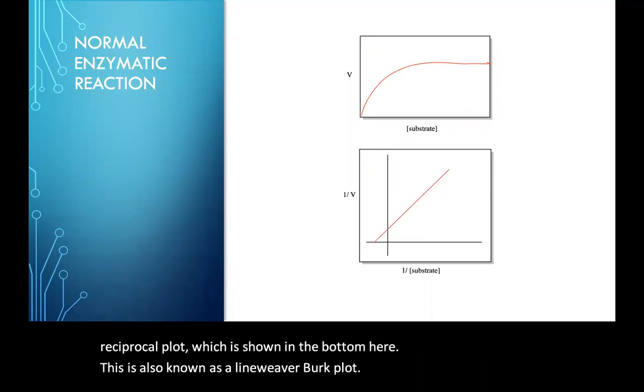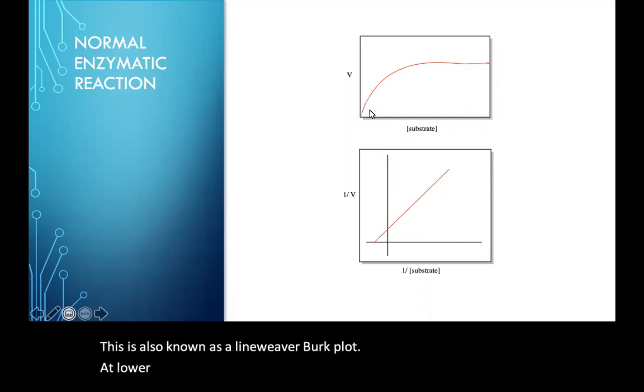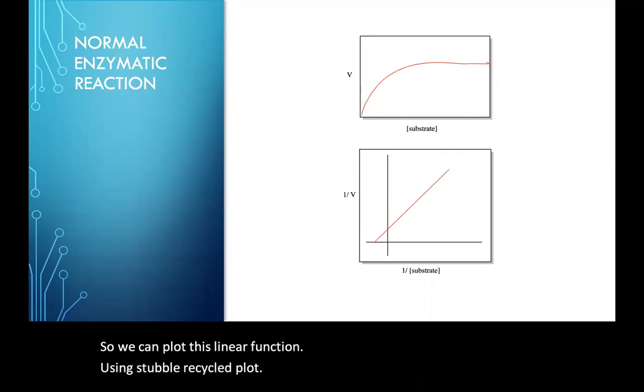At lower concentrations, so down in this area of our initial plot, it's very linear. So we can plot this linear function using this double reciprocal plot. A couple things to note on this plot.